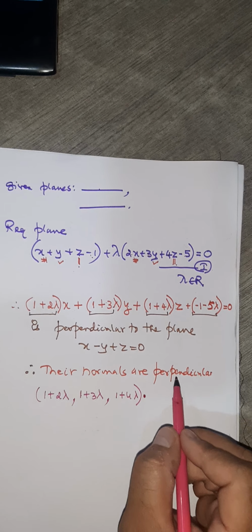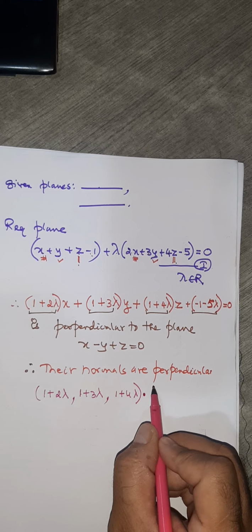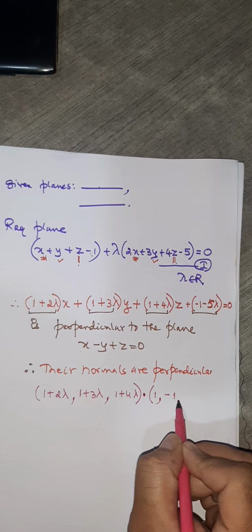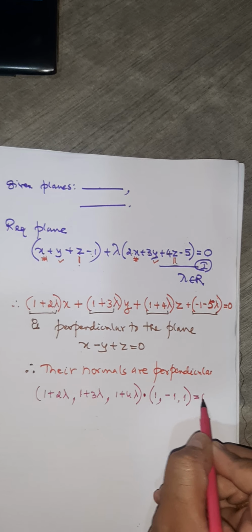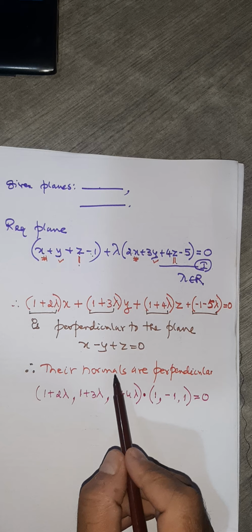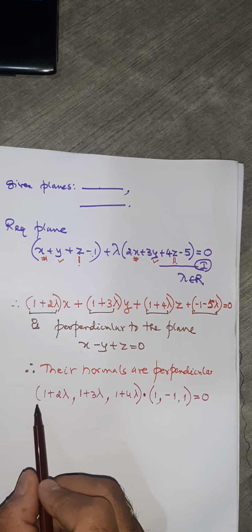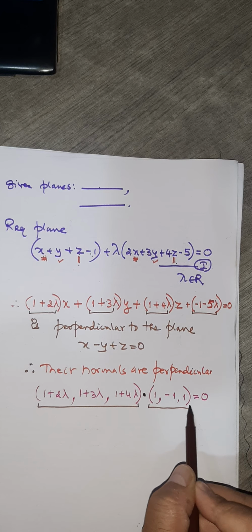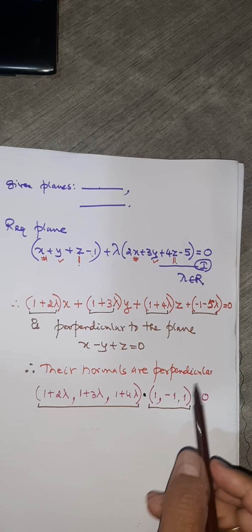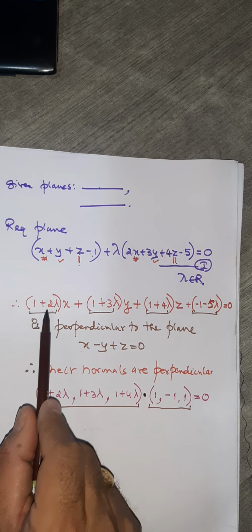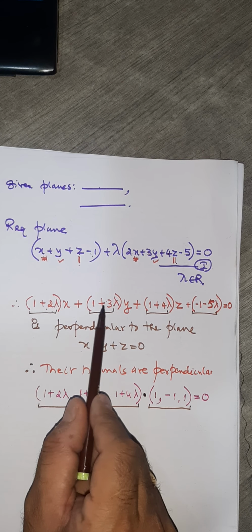Dot, once the normals are perpendicular, the dot product of the normals equals to 0. What's the normal to this? 1, minus 1, 1, equals to 0. Which concept have you used? Normals are perpendicular. Therefore, this normal dot this normal equals to 0. Perpendicular means dot product equals to 0. Now, what's the normal to the first plane? Coefficients of x, y, and z.